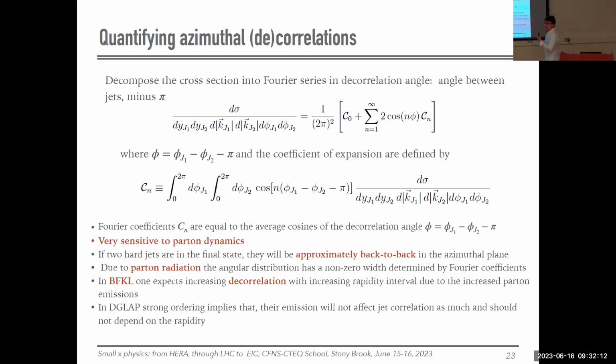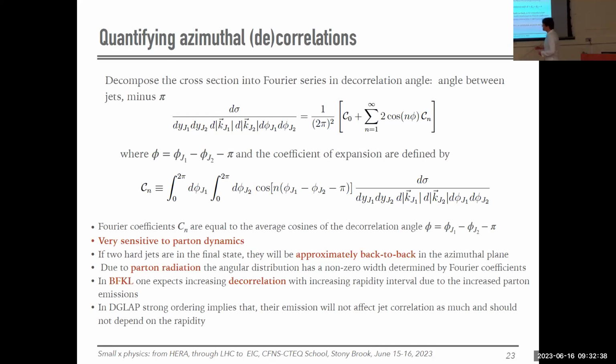So, for example, one can look at these correlations and take this cross section. This is a differential cross section in rapidities, in transverse momenta, and in angles, and you decompose it into these Fourier coefficients, C_n. And this is very sensitive to parton dynamics, right?